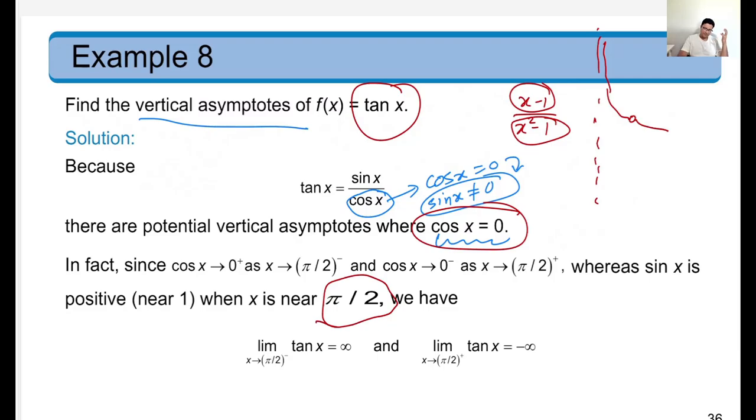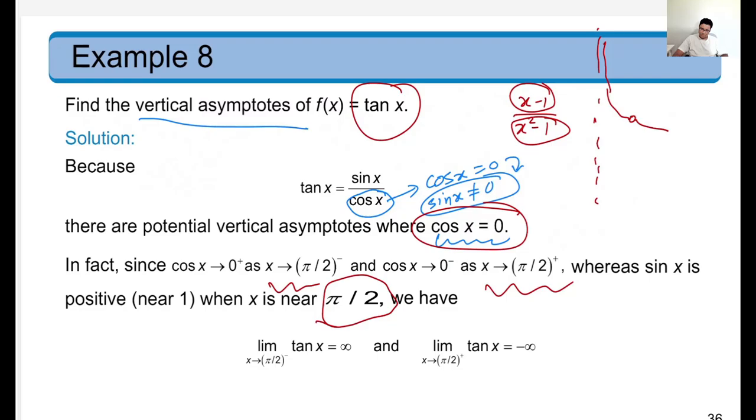Now we think, where is cos x equal to 0? When x is equal to pi over 2. Cos x is the x-coordinate, which is 0 at 90 degrees and 3 pi over 2 at 270. So as it approaches from the left or the right, you are going to have vertical asymptotes.